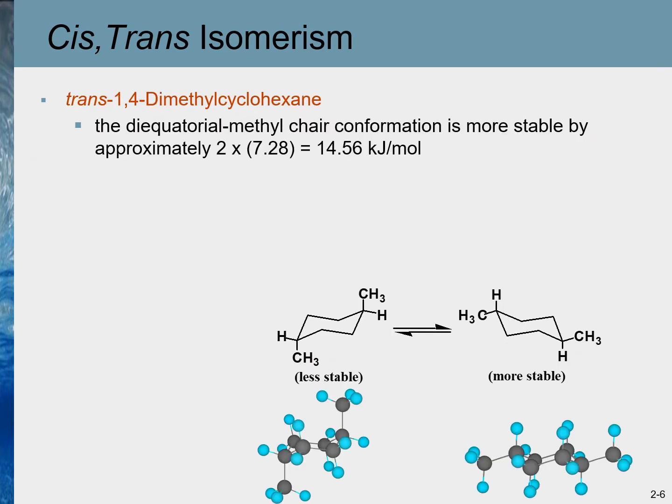Earlier we learned that if we have a cyclohexane, the chair form is in equilibrium between two different conformations, and the probability of having in these two conformation is exactly the same.